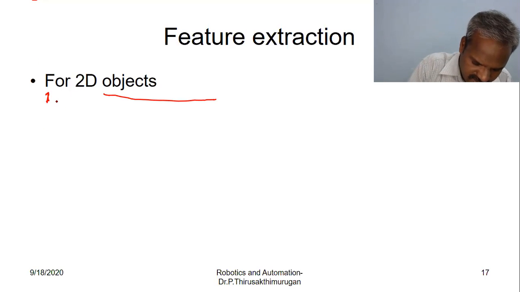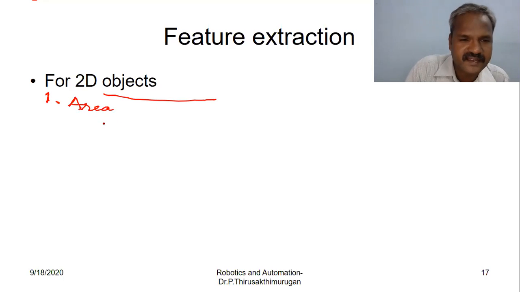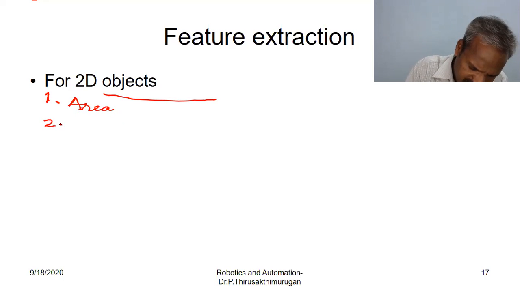The first one is area: how many total pixels are available in the image. Next is diameter.